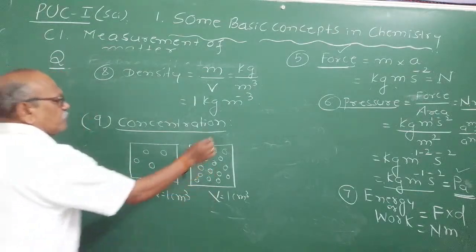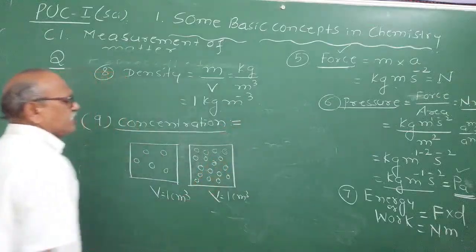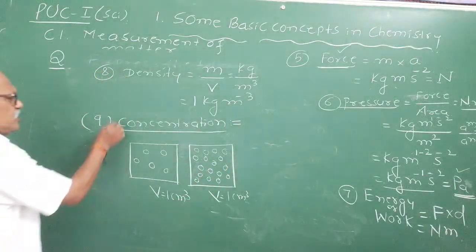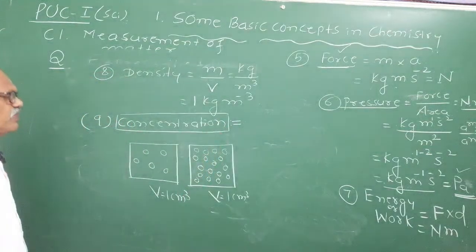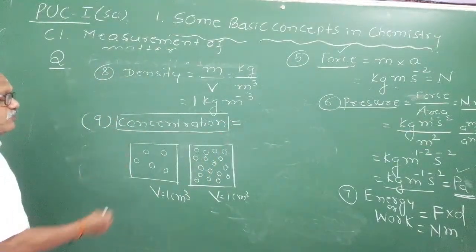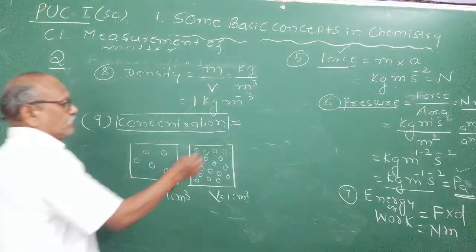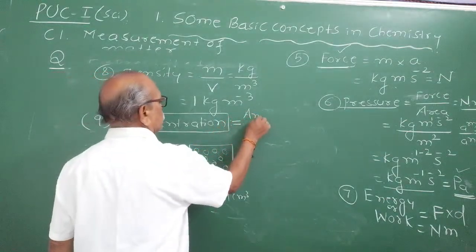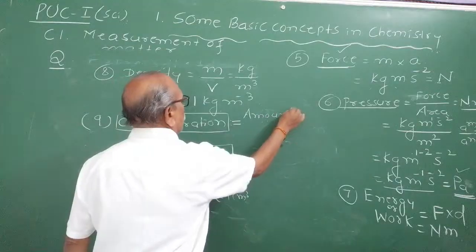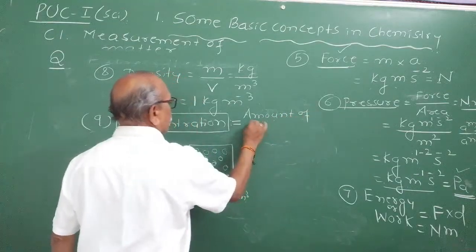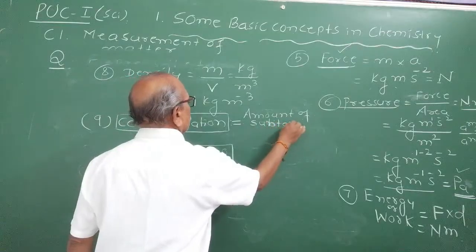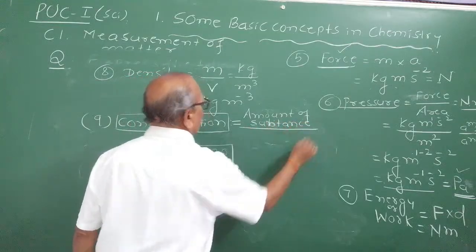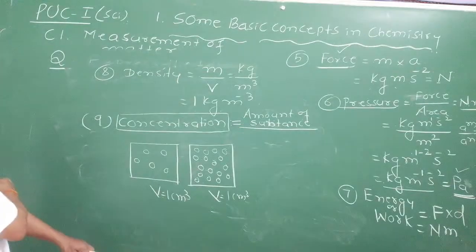Right? So therefore, concentration of a solution of a substance is expressed as amount of substance per volume. Amount of substance means number of moles. We are using in chemistry in the laboratory measurement concept.